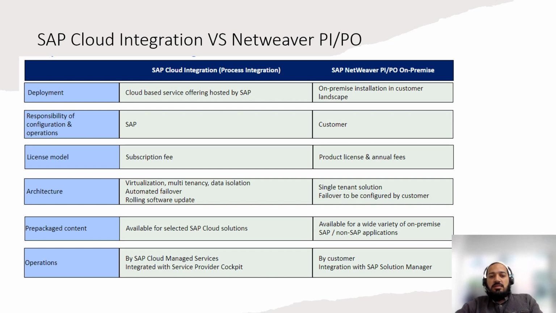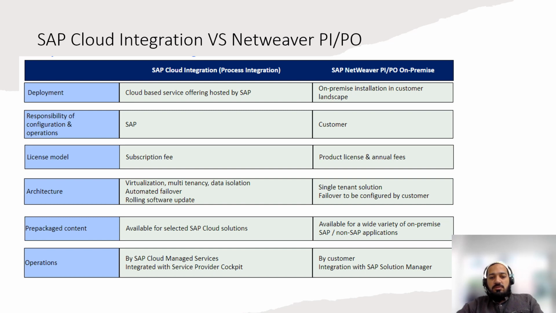Packaged content is selected by SAP cloud solutions for cloud integration, and NetWeaver has a wide variety of on-prem SAP and non-SAP applications. For operations, we have SAP Cloud Managed Services integrated with the service provider cockpit, whereas for NetWeaver it is customer integration with the SAP Solution Manager.